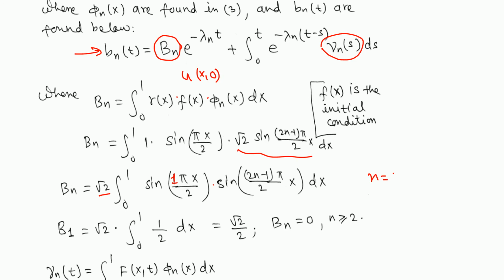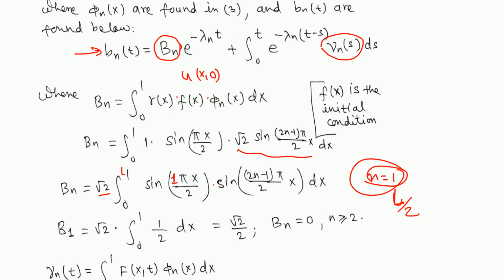When n equals 1, this is 1 and this is 1, then over negative L to L we would get L, but we have only halfway, 0 to 1, and our L is 1, so we get L over 2, which is 1 over 2.